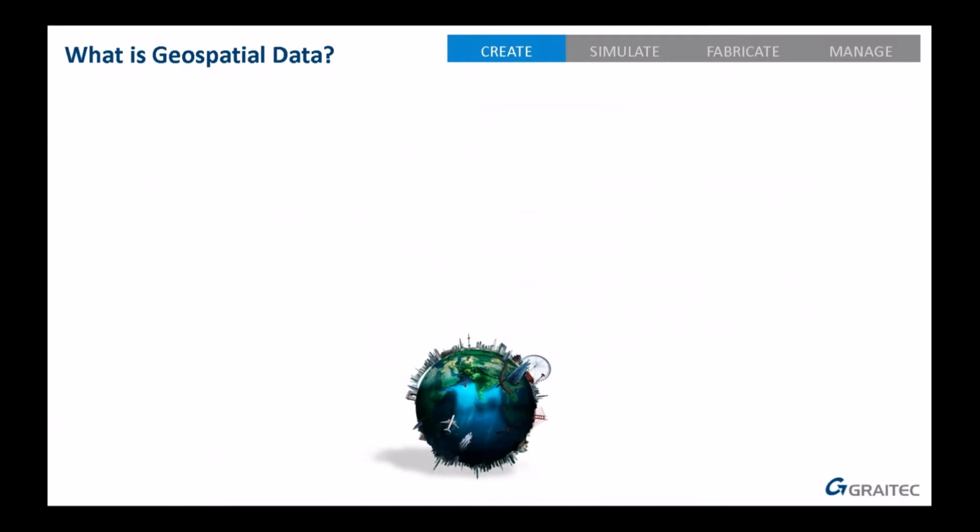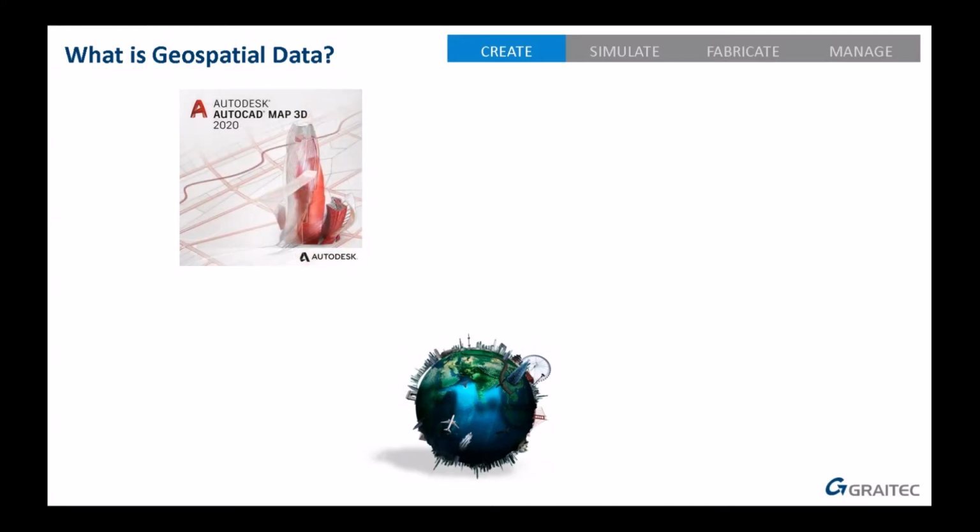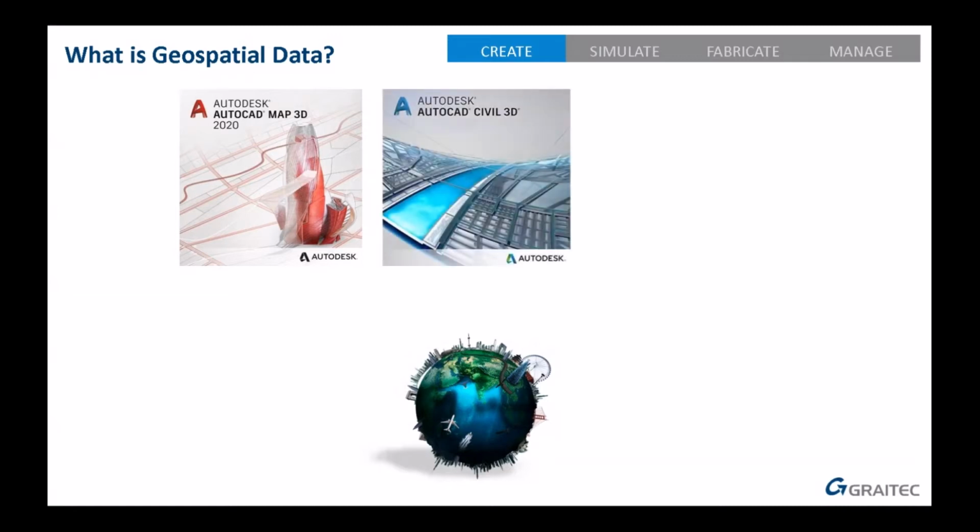So which Autodesk products do you need for this? I've kind of given a bit of a spoiler on that. First of all, if you're an AutoCAD user, just download the correct version of AutoCAD. Download AutoCAD Map 3D, and you'll see that in a minute. It's just, to be honest, it's just AutoCAD with bells and whistles on it. That's all it is. The next one is Civil 3D.